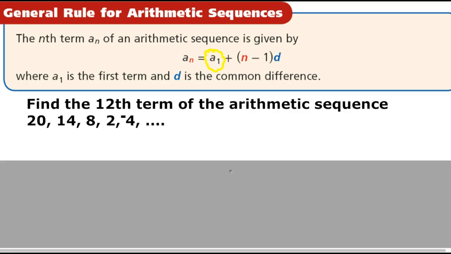The first term is a sub 1. And if I want to know any term in the sequence, I just need to add the constant difference however many times down the sequence I am. That's why they take n minus 1 constant differences away from your starting point. So it's just another formula. This is like the general formula.